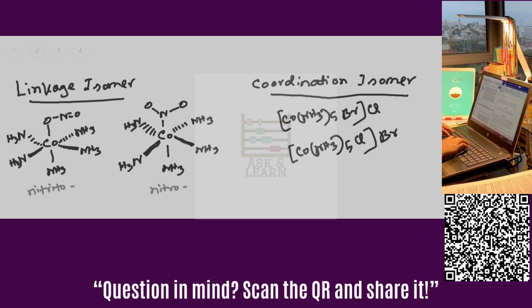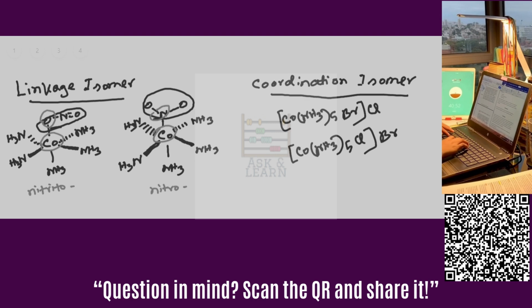Now, in the case of linkage isomers, we have one ligand which can bind with the central metal atom through more than one atom or ion. So here you can see that this is our ligand, which has two atoms, in this case oxygen and in this case nitrogen, which can bind to the central metal atom.